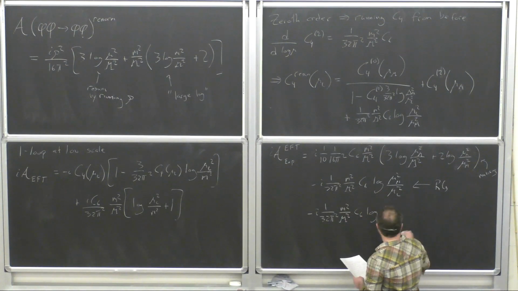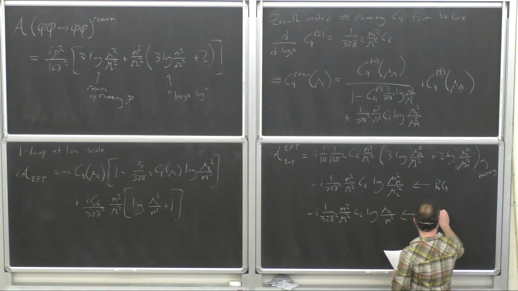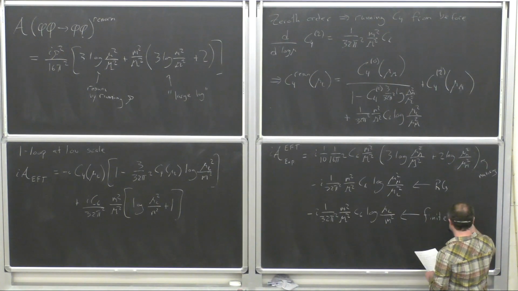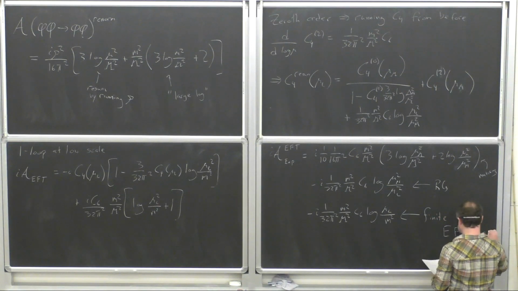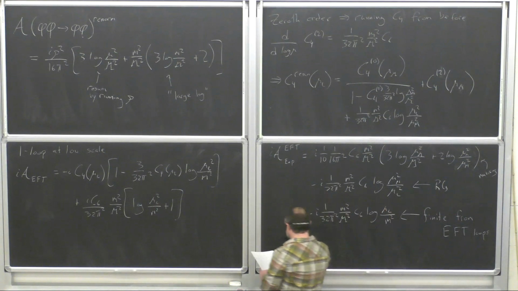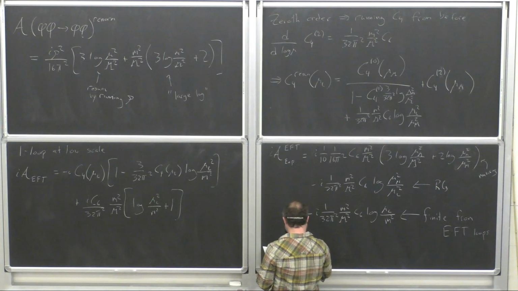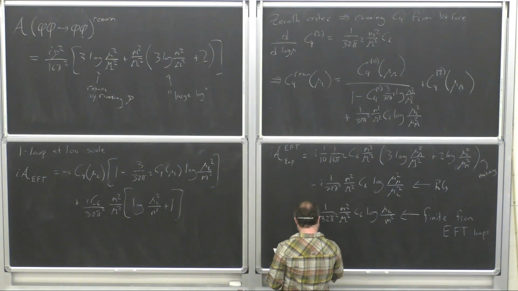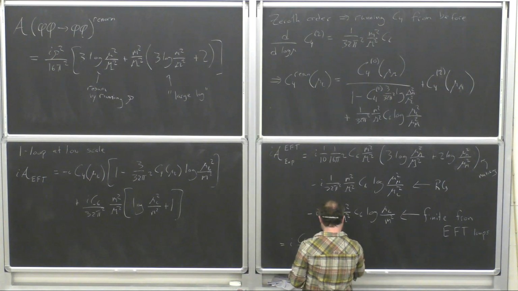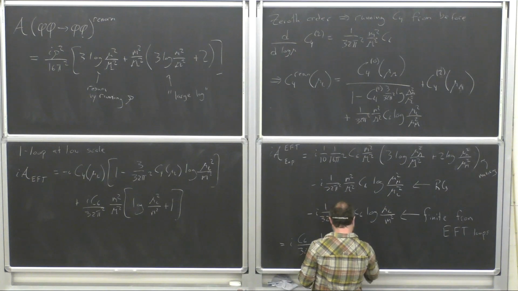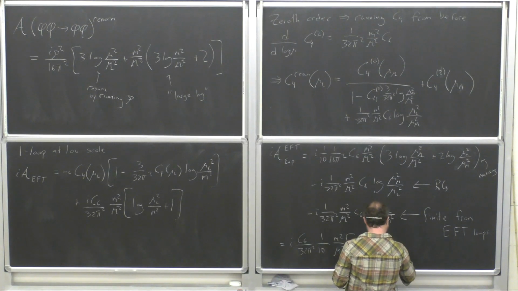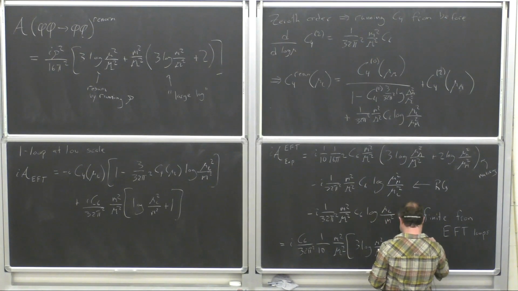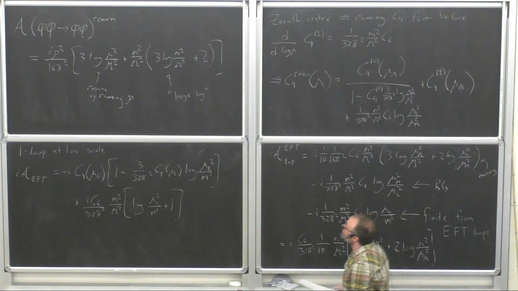Okay. And this all combines into i C6 over 32 pi squared, m squared over capital M squared, 3 log m squared over capital M squared plus 2 log m squared over mu match squared. Okay?